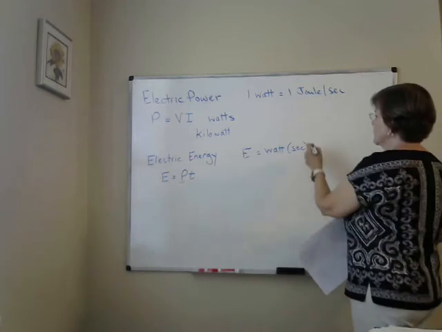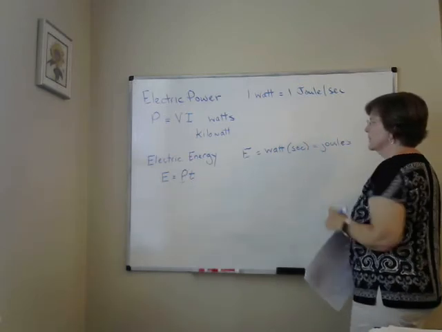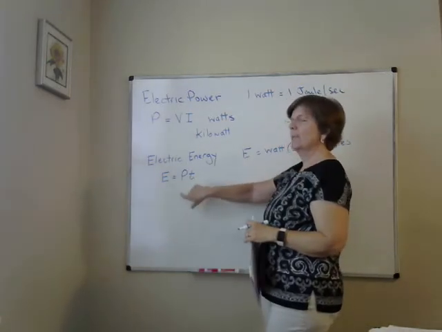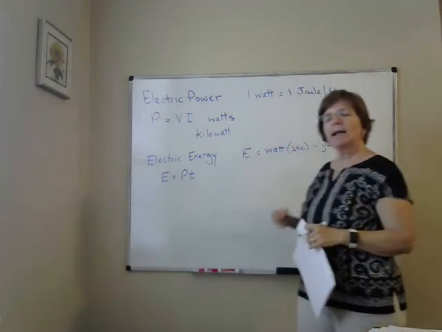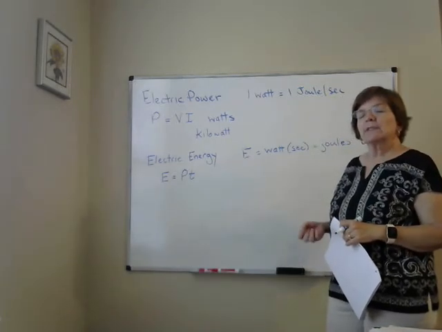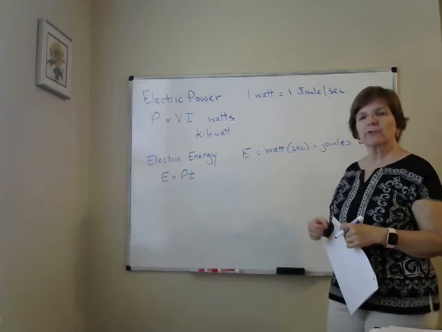I'm going to get energy that's measured in joules. So when I put in the power in watts and the time in seconds, I get the energy measured in joules. But a joule's a tiny, tiny, tiny little bit of electrical energy.